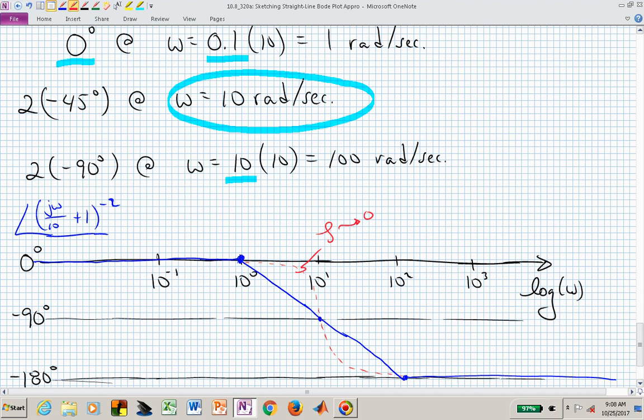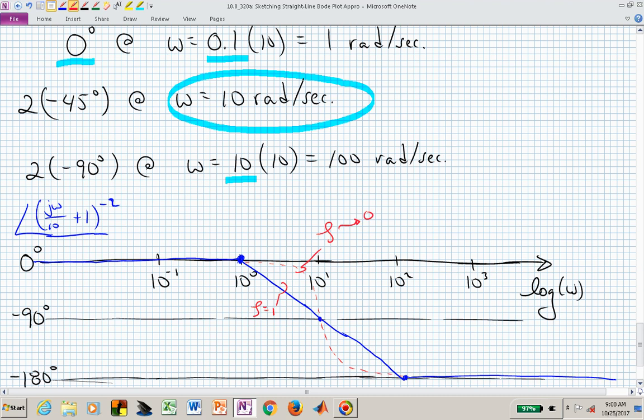But here you can see that as we move from zeta equal to 1 to zeta equal to 0, we make that transition a little bit more steep near the break frequency, or the natural frequency, which in this case is 10.